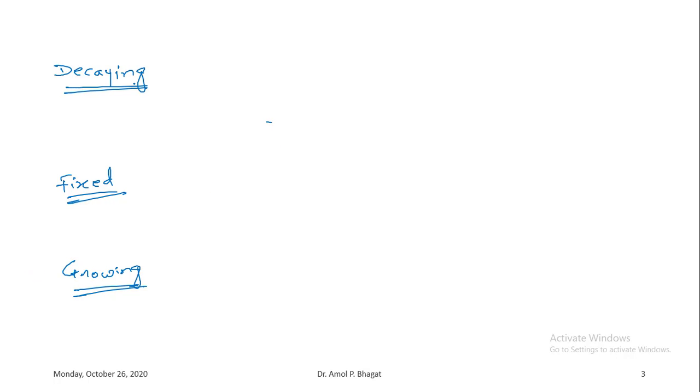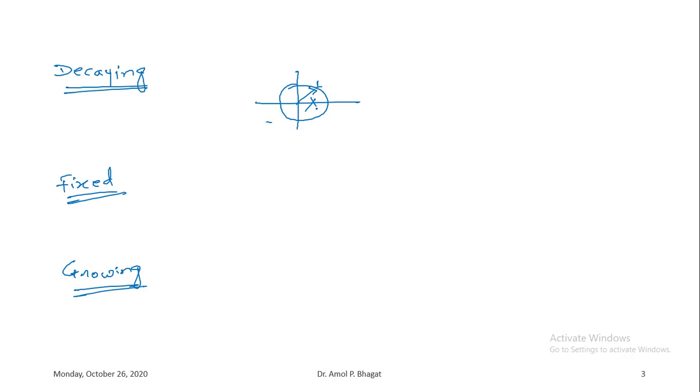The signal is decaying if the pole is inside the unit circle, the circle drawn with radius 1.